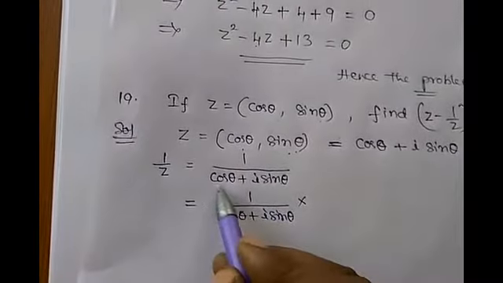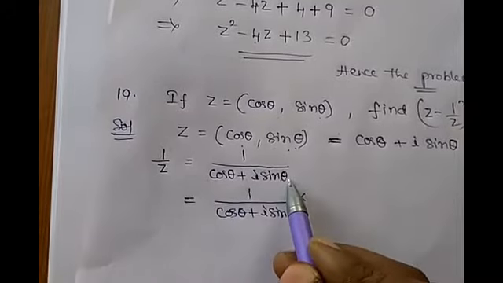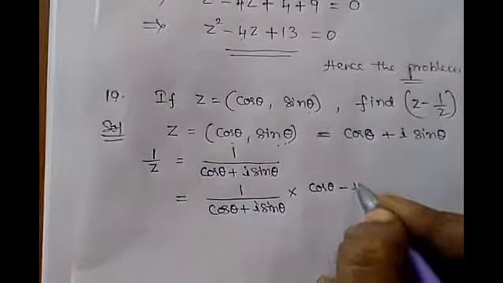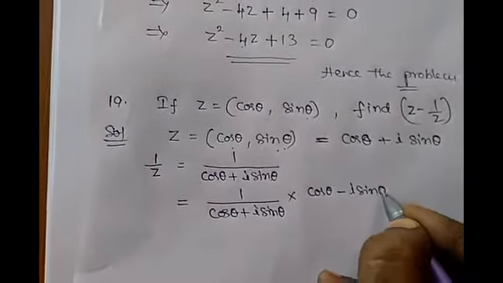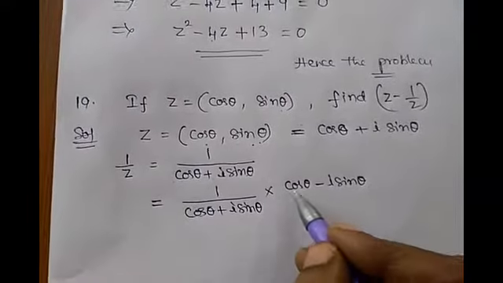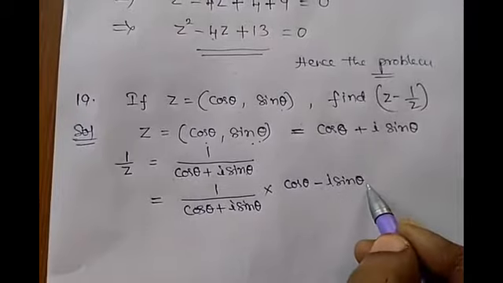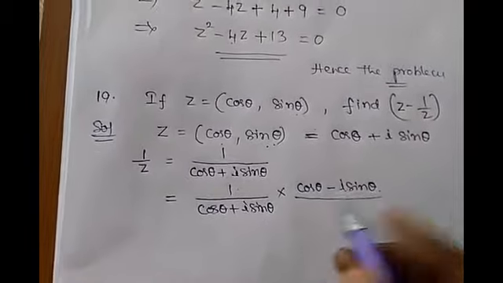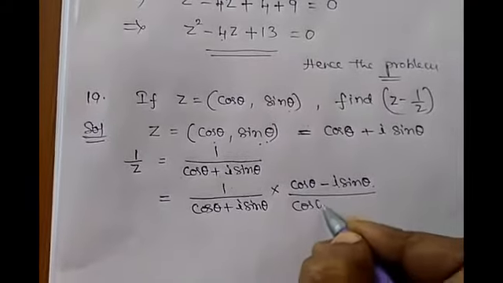What is the conjugate of cos theta plus i sin theta? Cos theta minus i sin theta. The conjugate of cos theta plus i sin theta is cos theta minus i sin theta. So multiply numerator and denominator with cos theta minus i sin theta.